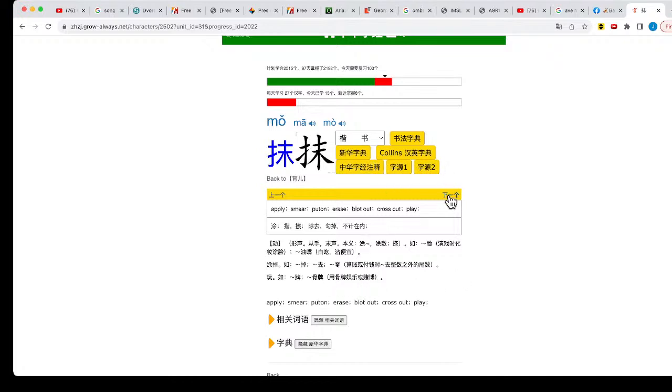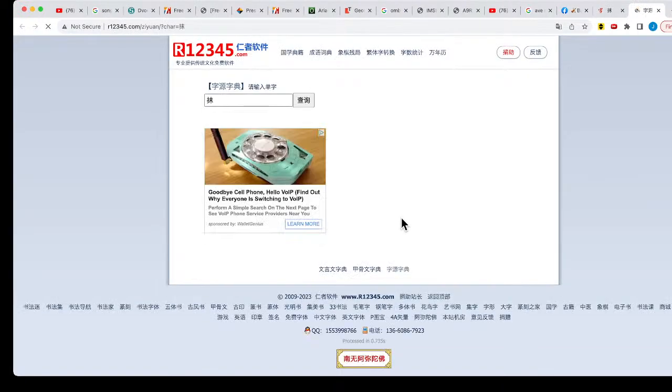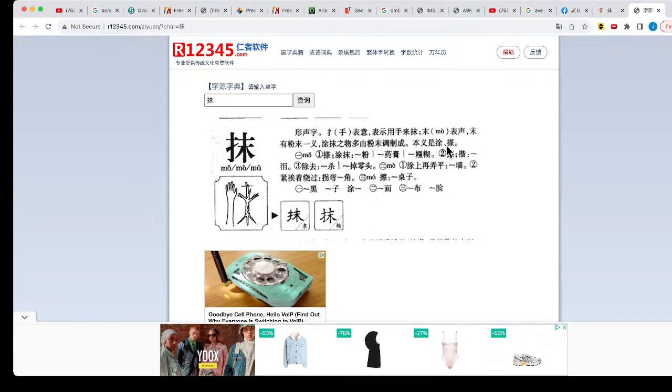So this is 抹. Let's take a look at this character. 抹 has a hand radical on the left, and then the right-hand character is 末. Now, the meaning of 末 is powder, like very tiny powder, like flour kind of thing.